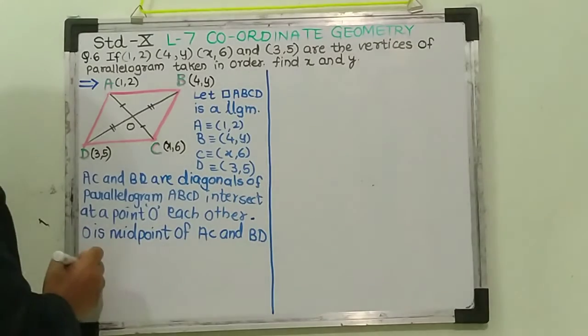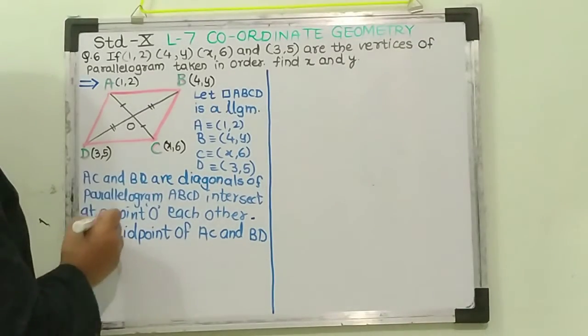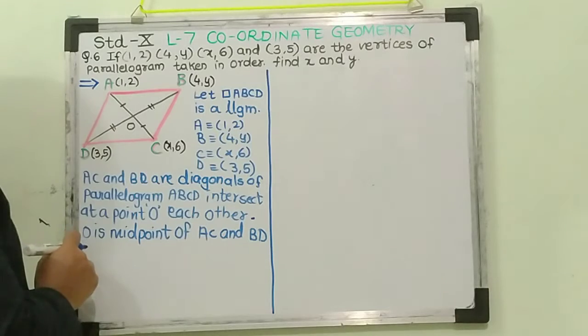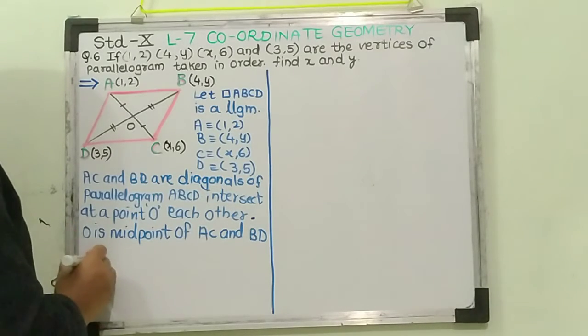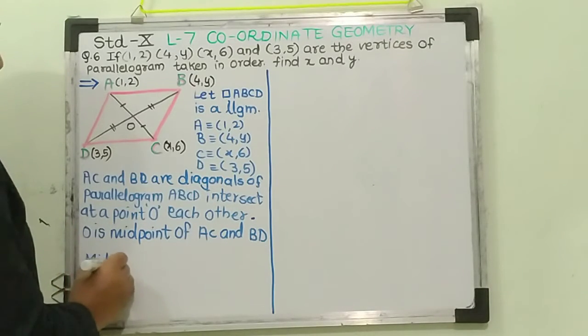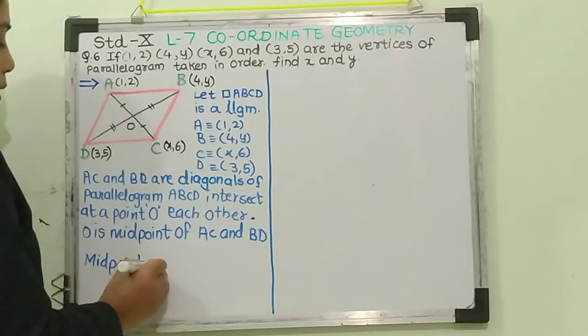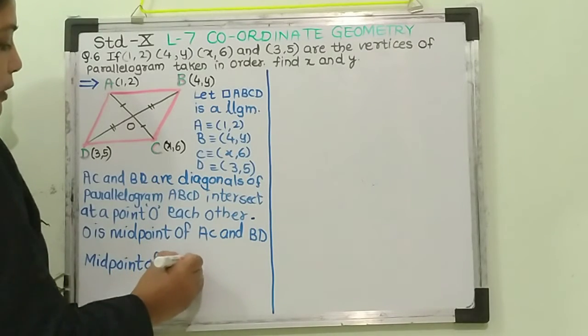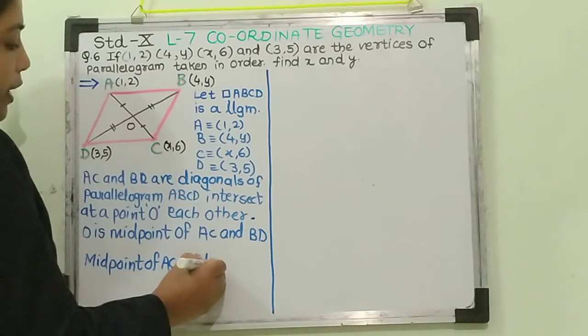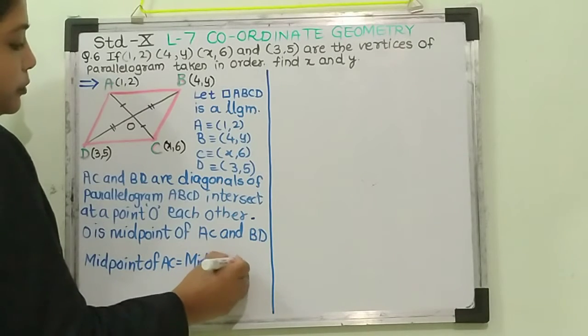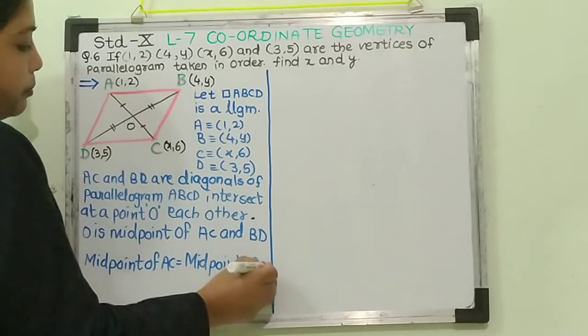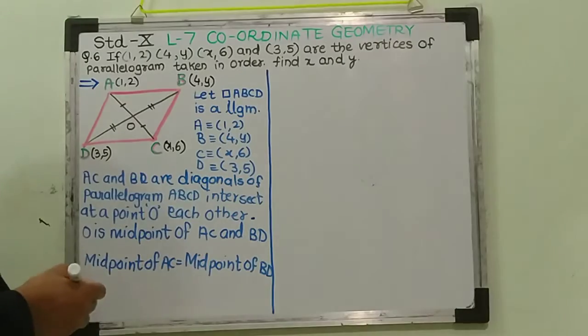So we can write the coordinates for O: midpoint of AC equals midpoint of BD. Correct?